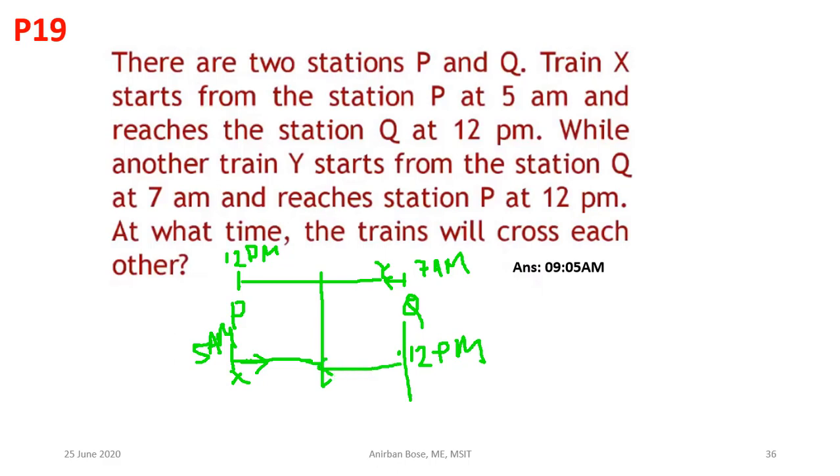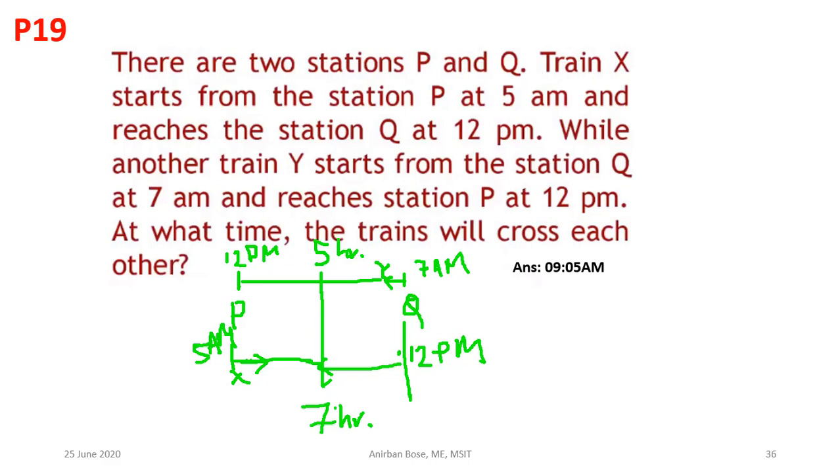To solve this problem, first see how much time train X takes from 5 to 12. So 7 hours. The total time taken by X is 7 hours. What is the total time taken by Y? That is 5 hours. So which one has the higher speed? Definitely Y has the higher speed.